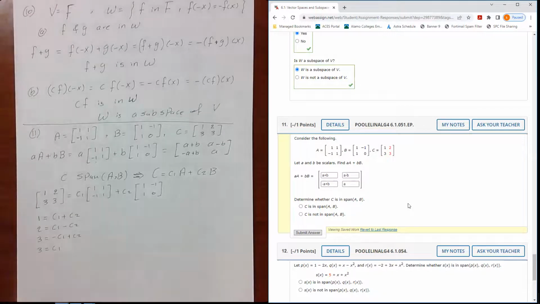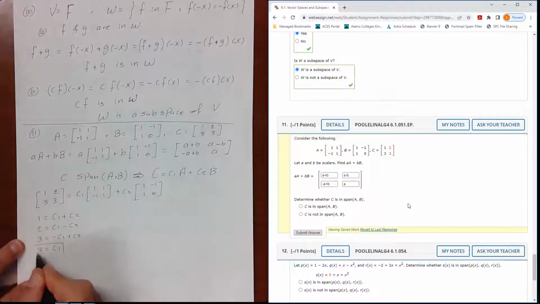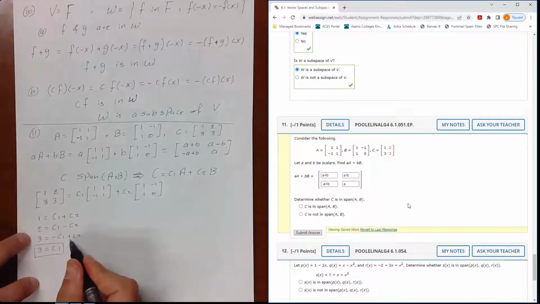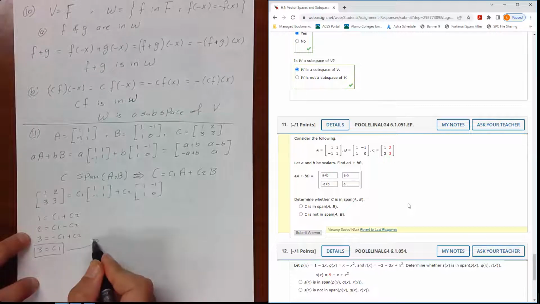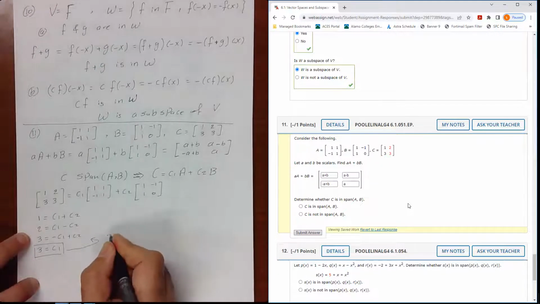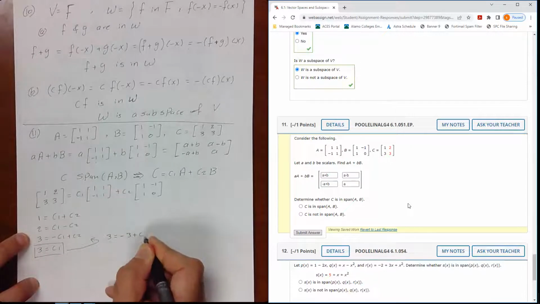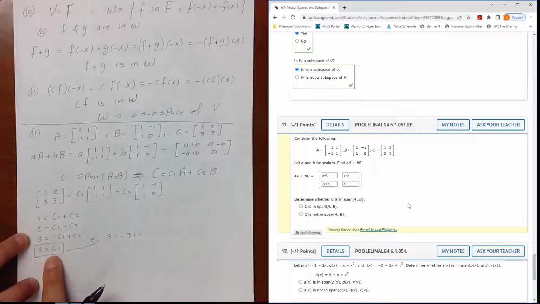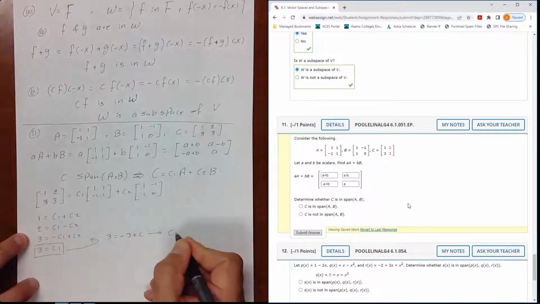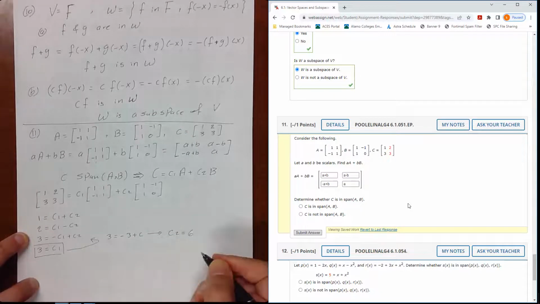So now we need to find c1 and c2. You already know that c1 equals 3 from the last one. If you plug this in to get c2, we get 3 equals negative 3 plus c2. In this case, c2 is going to be equal to 6.